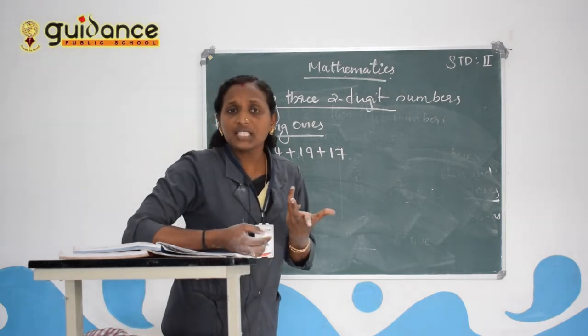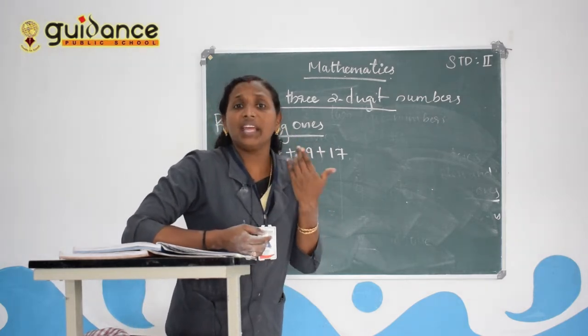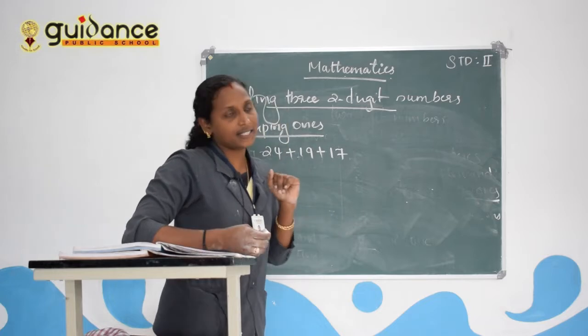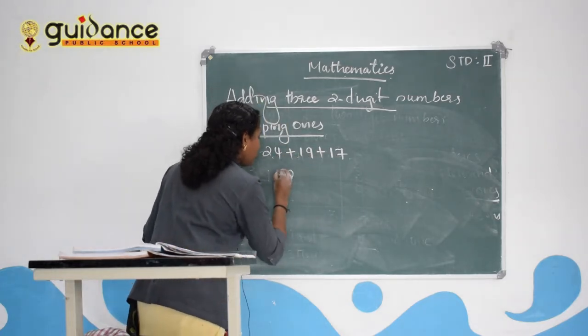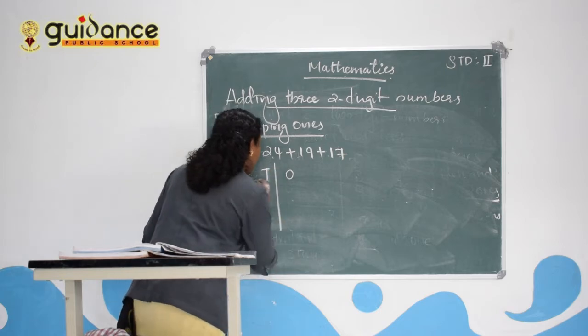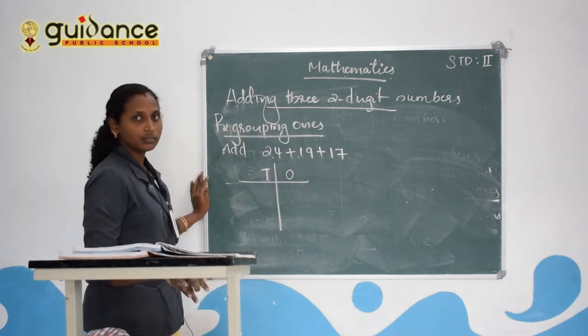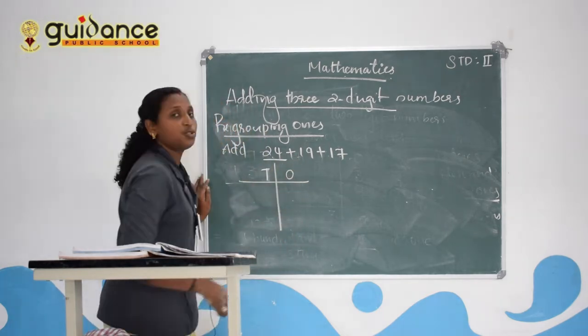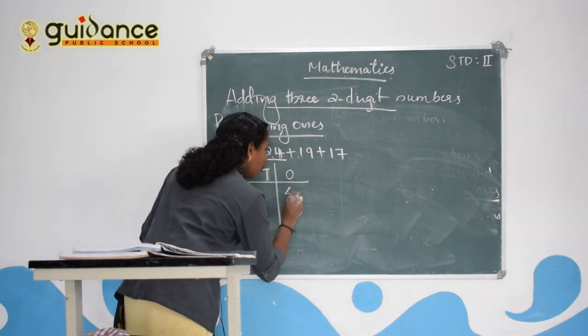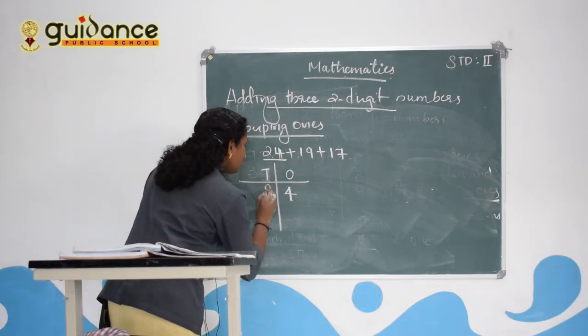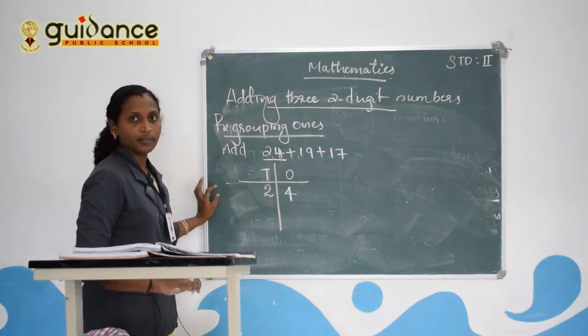First, what I taught, arrange the numbers in places. Then it has only 2 places, so we write ones and tens. Then look at the first number 24. 24 has 4 ones and 2 tens.